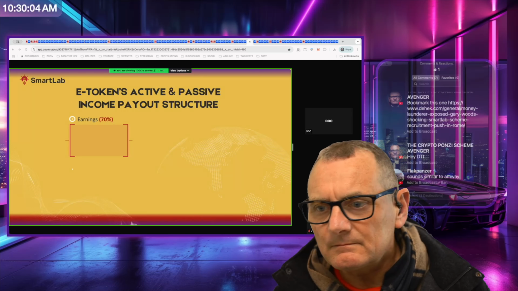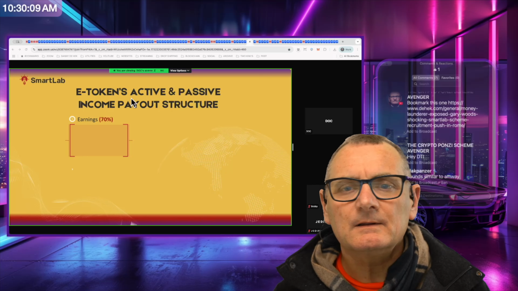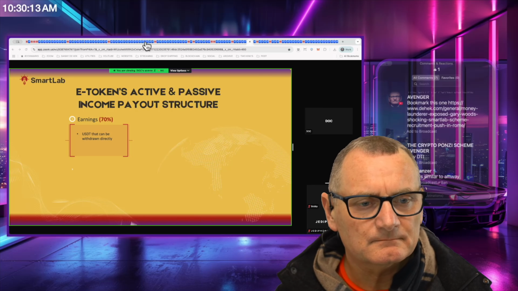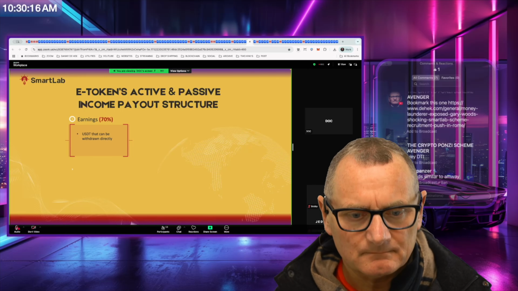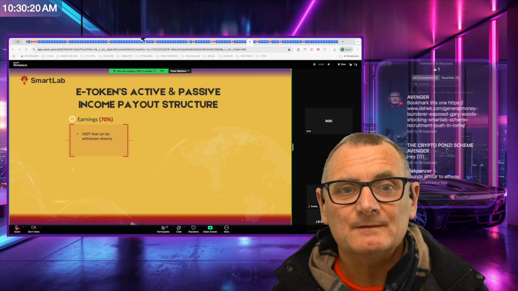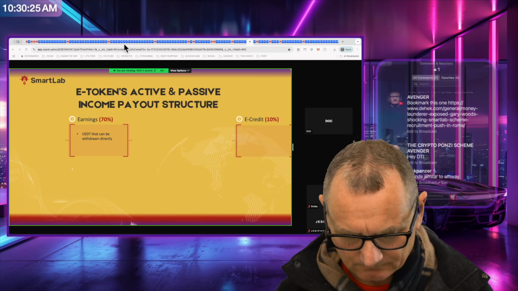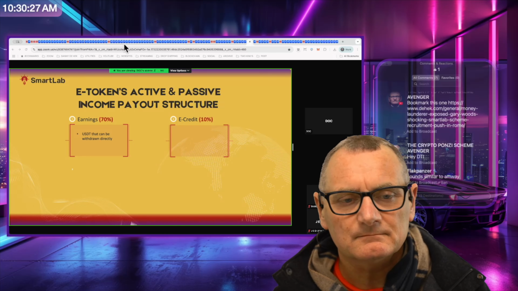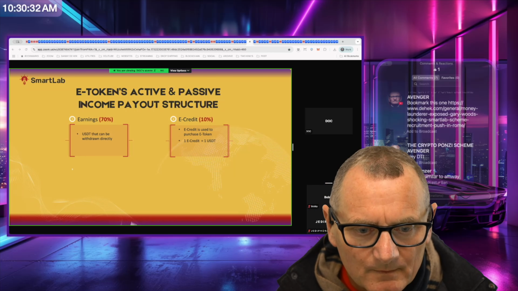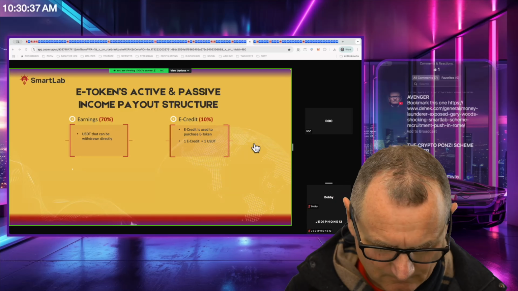Well, the e-token system introduced a new strategy for processing commissions for those folks that are utilizing what we call activities. So when you earn commissions for sharing the good news with others you know, love, and trust, those are broken down into 70% earnings, and that can be drawn in USDT directly out, 10% e-credits, which then can be utilized to purchase additional e-tokens and drive that value up. 1 e-credit is equal to 1 USDT.